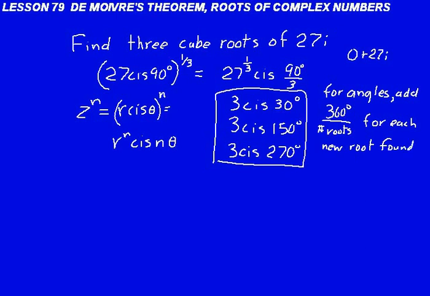So that's one way of thinking, just making a simplification here. You find 3 cis 30 in this problem. You add 360 over 3, since there's 3 roots, or 120, for each new root. So you'd have 3 cis 150, 3 cis 270, and then you're done.